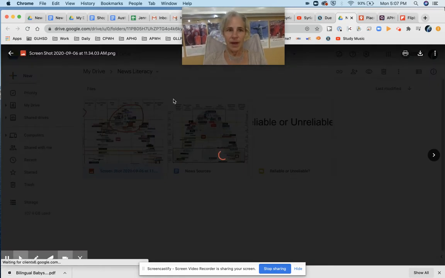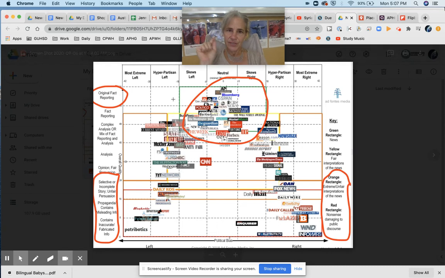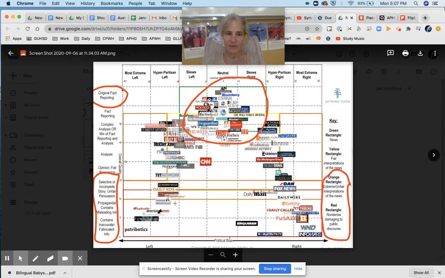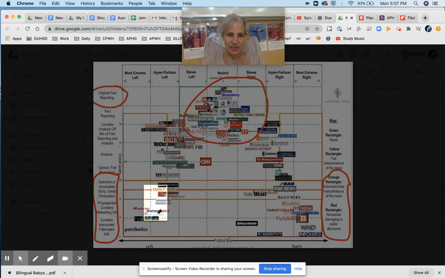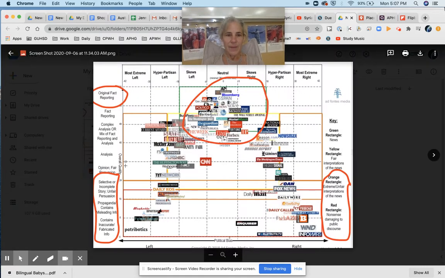I'm a big proponent of reading all kinds of sources. I worry a lot about people only reading things that they agree with. A lot of adults in your life are doing that. They're only reading things on the left, right? Whoa, that's weird. I didn't mean to do that. Cancel. Sorry. Anyway, this is showing extreme left, and it's showing extreme right.